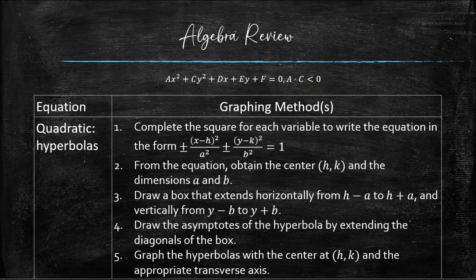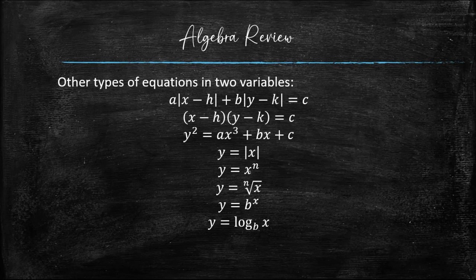Now, there are many other equations in two variables that you probably haven't had a formal introduction to, but this is what they look like. So with a little bit of effort, you should understand how to graph all of these equations.